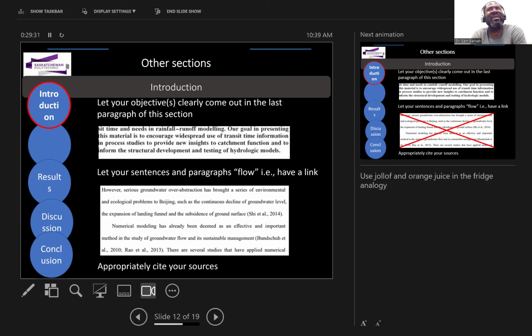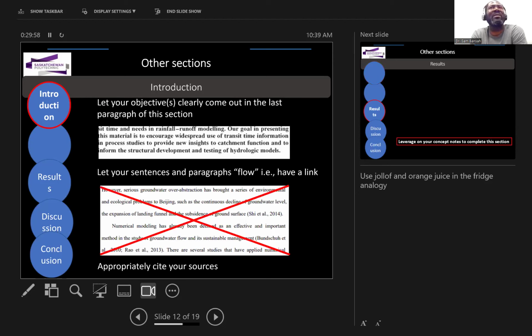The next paragraph should be covering things related to groundwater decline, expansion of the landing funnel, and ground surface subsidence, right? So anybody reading this in the next paragraph is expecting you to talk about one of these three things you had mentioned in the prior paragraph, in the last sentence. So this is what you want to avoid.